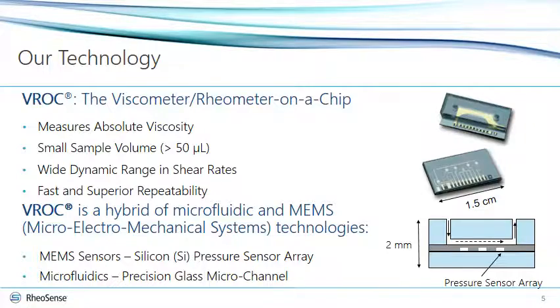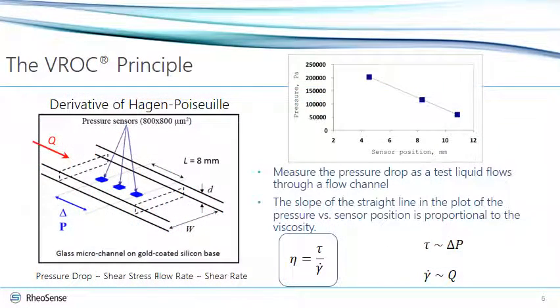Let's take a closer look. We have our rectangular slit microchannel with the pressure sensor array at the bottom wall. We impose a flow rate, and since we know the dimensions of the channel, we are effectively imposing a shear rate.